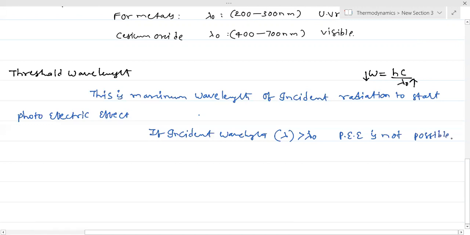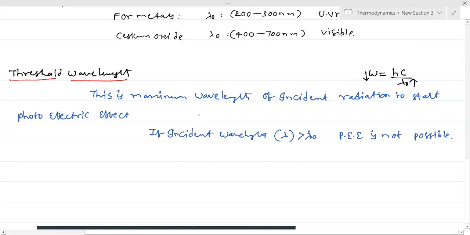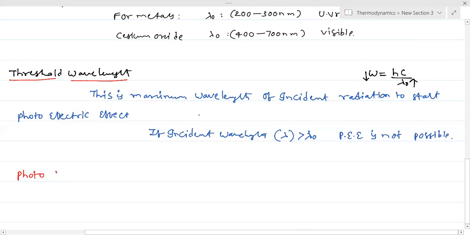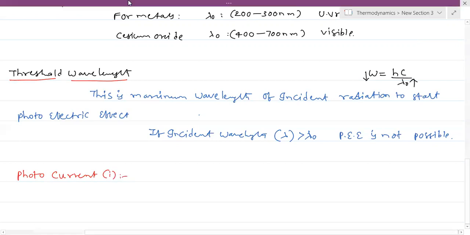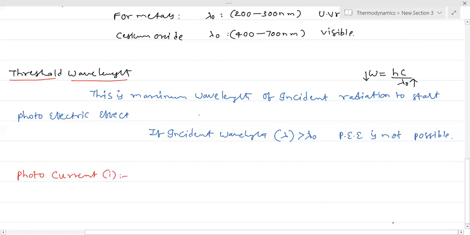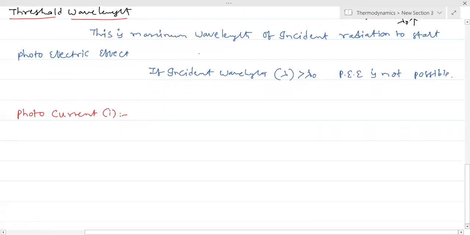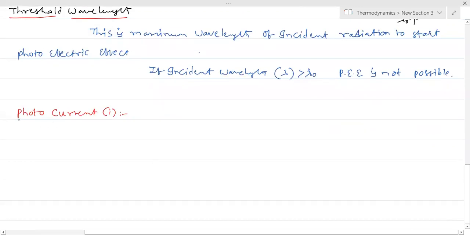So then we used to think of a term, photocurrent. Next we will take photocurrent, small i. When we think of photocurrent, small i, it is simply the current flowing in the circuit due to photoelectrons.